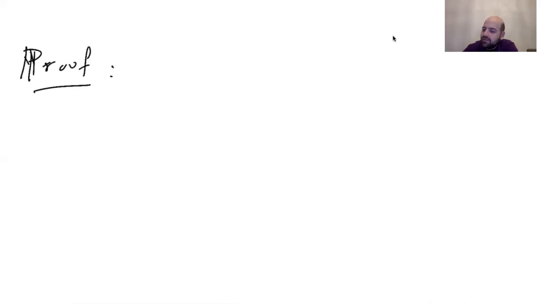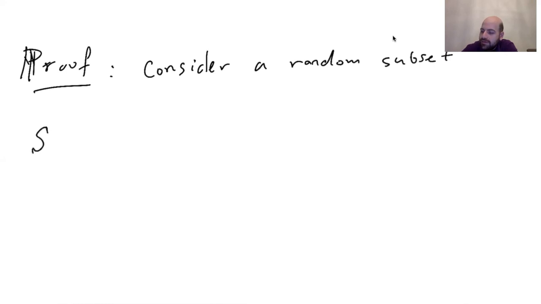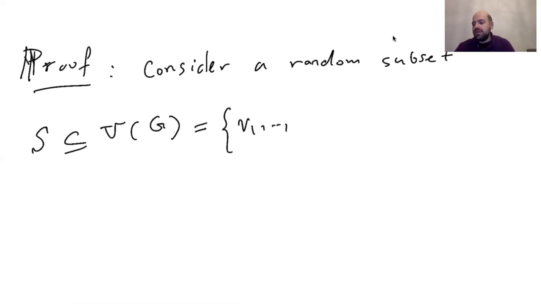So we're going to consider a random subset S of vertices of G. Now, we have n vertices by assumption. So let's call them V1 to Vn.